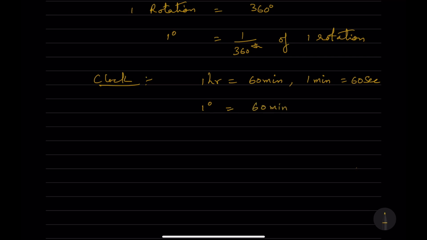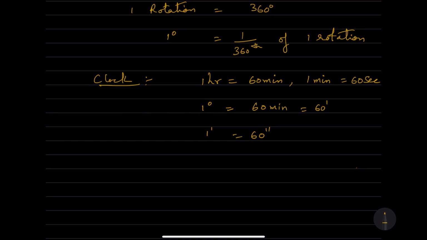This 1 dash over the 60 is the minutes notation. Then 1 minute is equal to 60 seconds, and this double dash is the seconds notation.